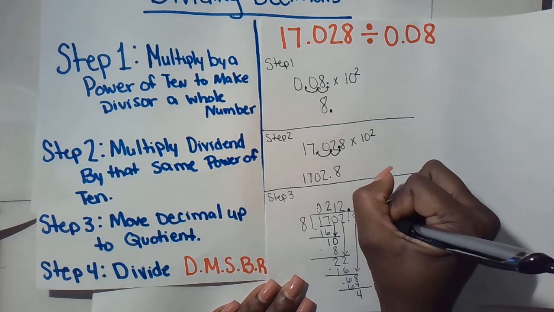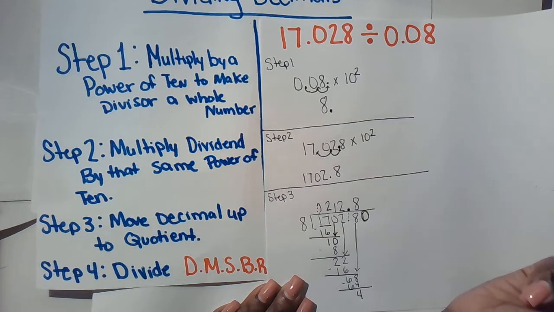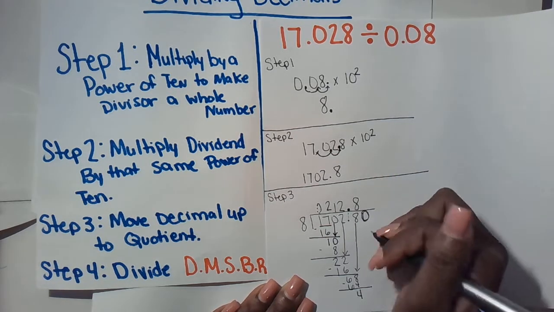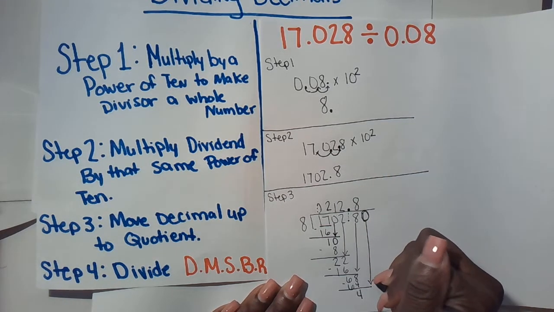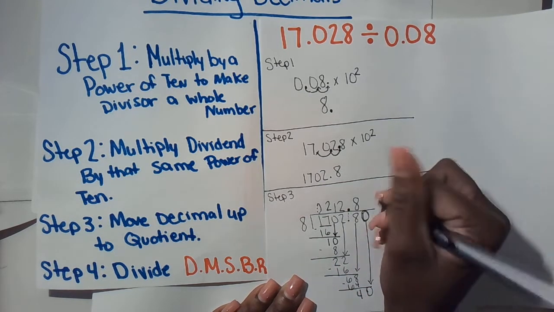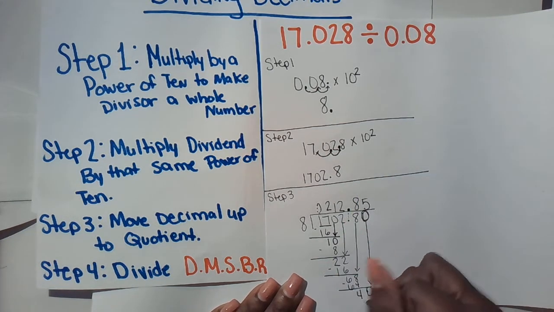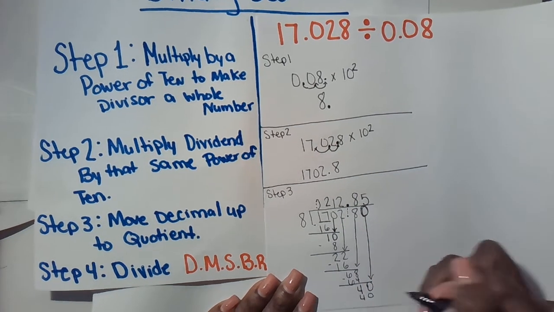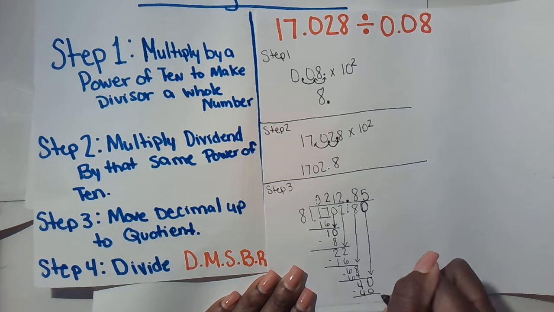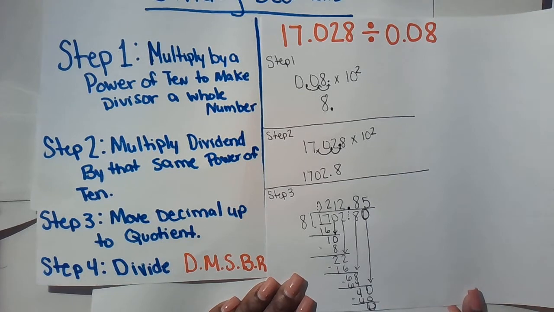So I'm going to add a 0, because this does not change the value of the number. If I put this 0, I can now bring down this 0. And 8 goes into 40 5 whole times, because 5 times 8 is 40. 40 minus 40 leaves me with 0, and I am done with this problem.